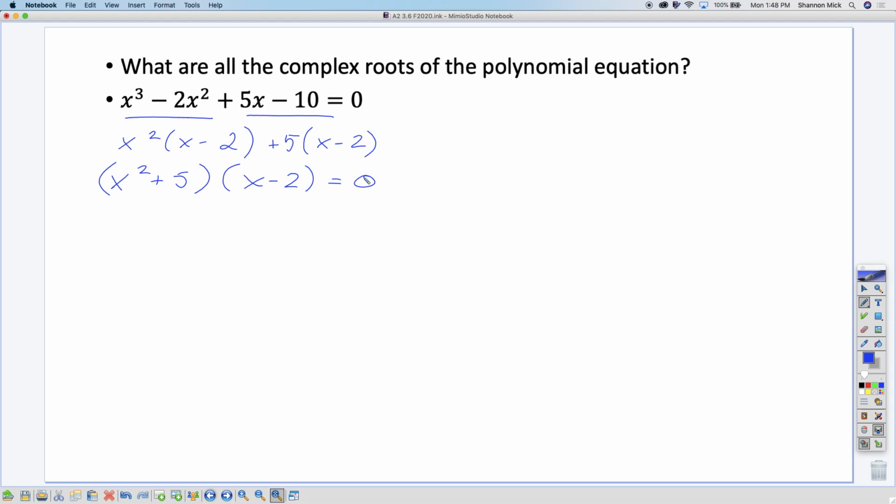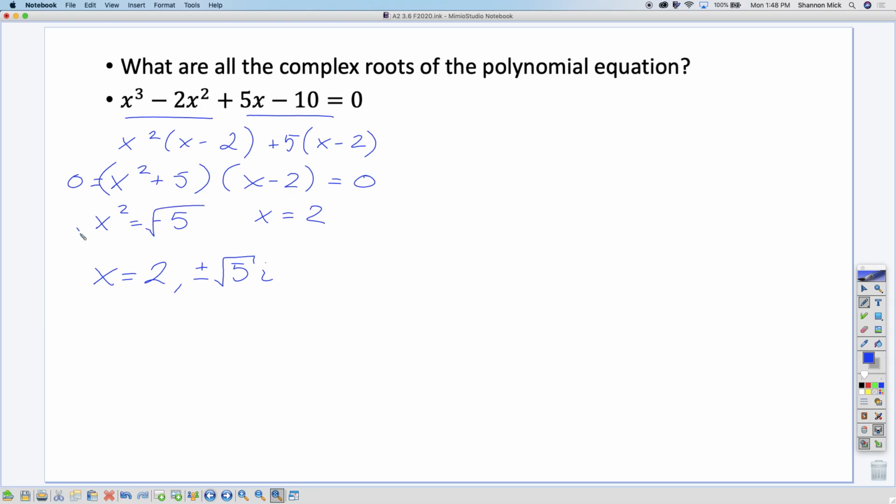So I set everything equal to what now? 0. Okay, equals 0, right? So I get x squared equals -5, and x equals 2. And so I take the square root of both sides here, and I have x equals 2 and plus or minus the square root of 5i.